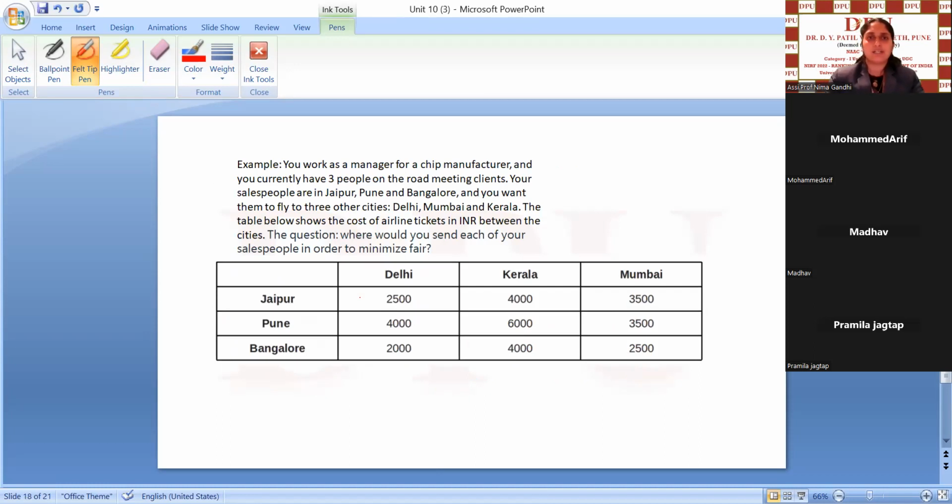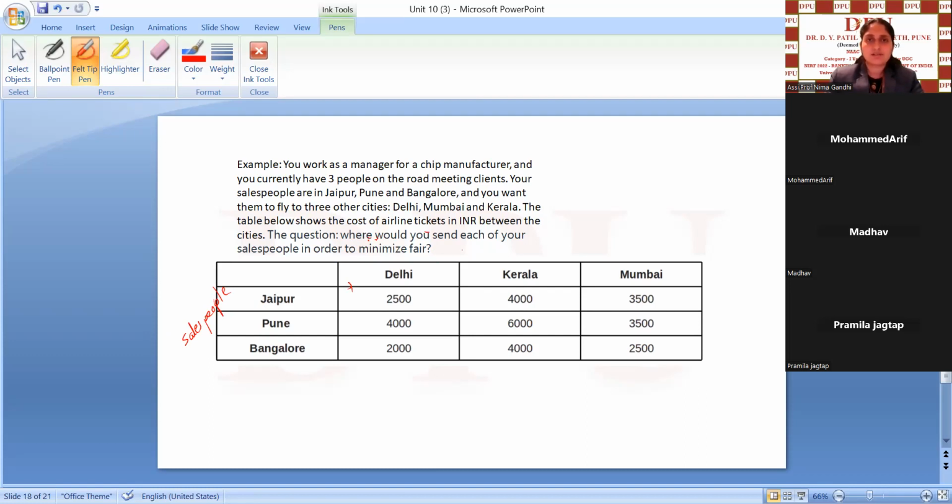So these are the places where their salespeople are available. We want them to fly to 3 cities: Delhi, Mumbai, and Kerala.